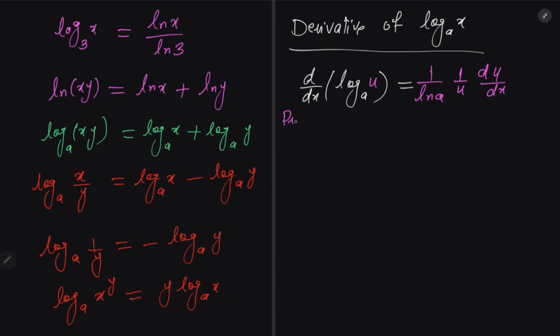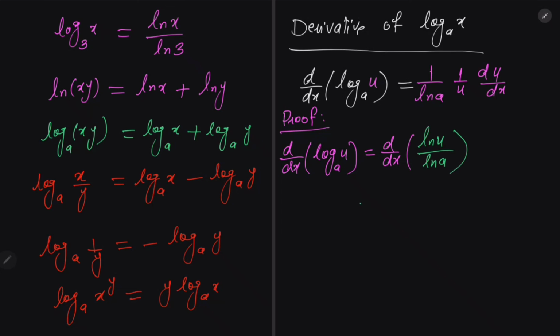So what is the proof? The proof is very simple. We know that the derivative d by dx of log base a of u will be equal to d by dx of natural log of u divided by natural log of a, and when we take a common 1 over natural log of a, d by dx of natural log of u, and taking a derivative of natural log of u, this becomes 1 over u du by dx.